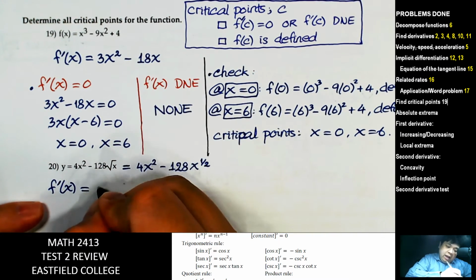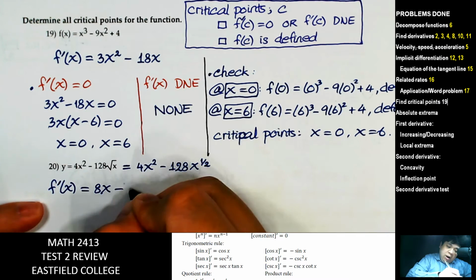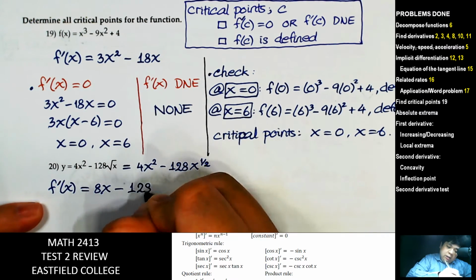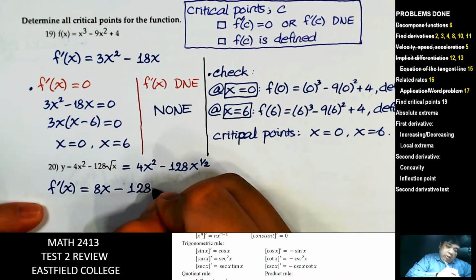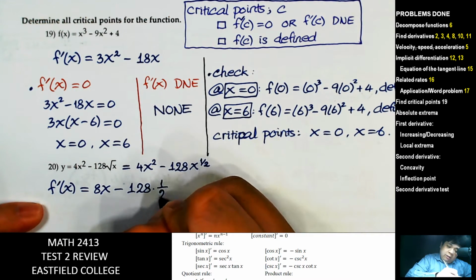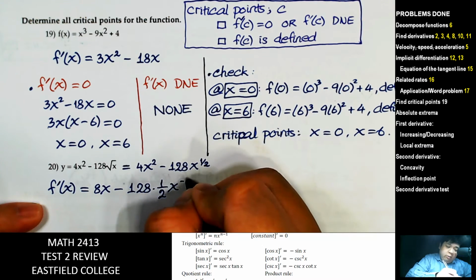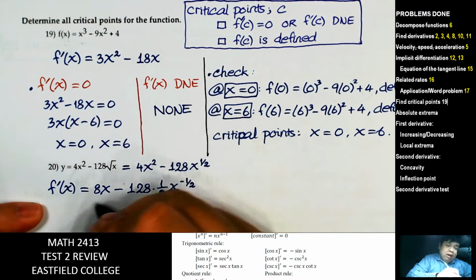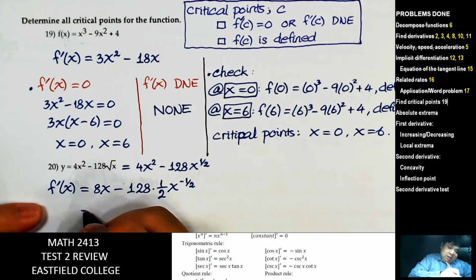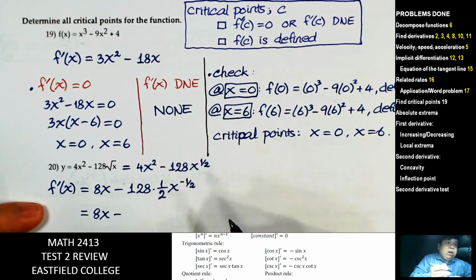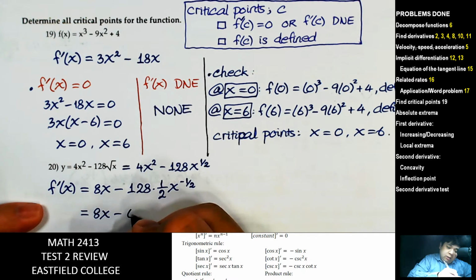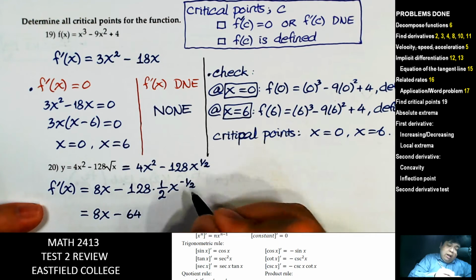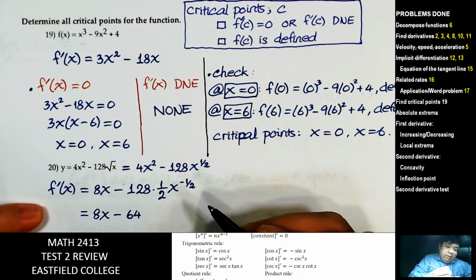Derivative of this is 8x, minus 128 times the derivative of x to the 1/2, which is 1/2 x to the negative 1/2. Simplify this. 128 times 1/2 is 64, x to the negative 1/2.